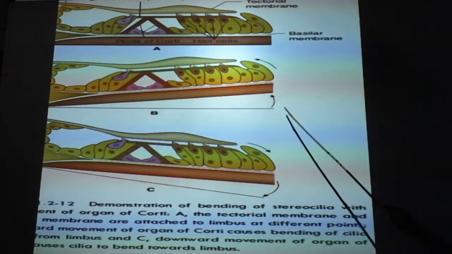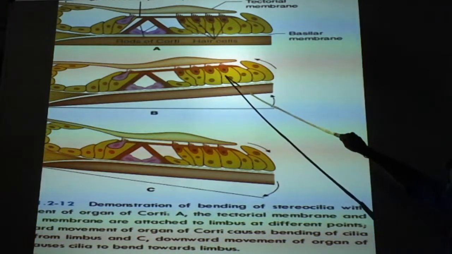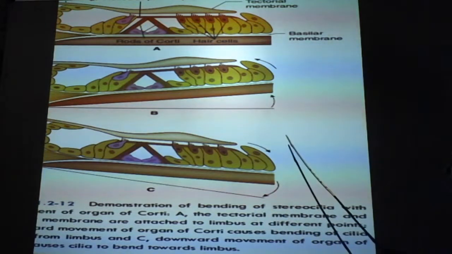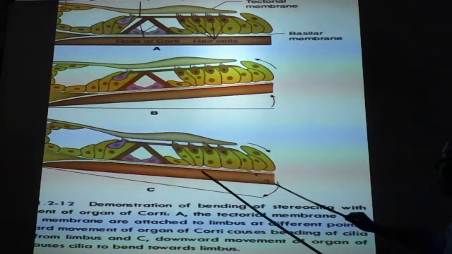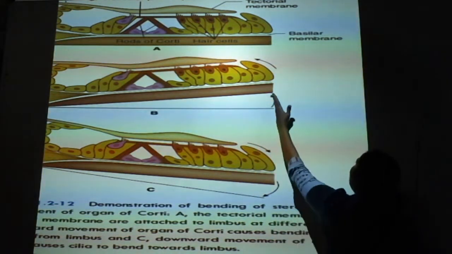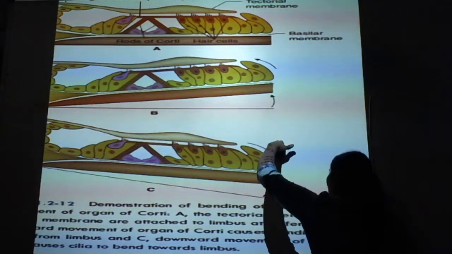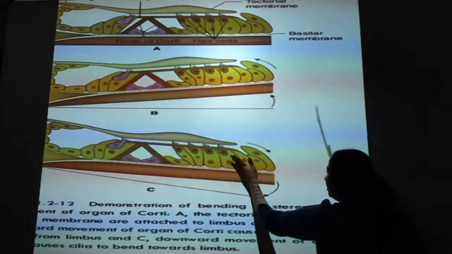If it's a downward movement, the cilia bend towards the limbus.